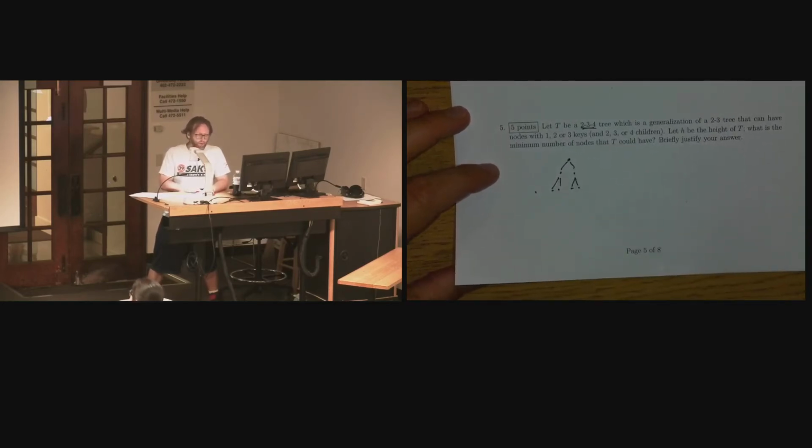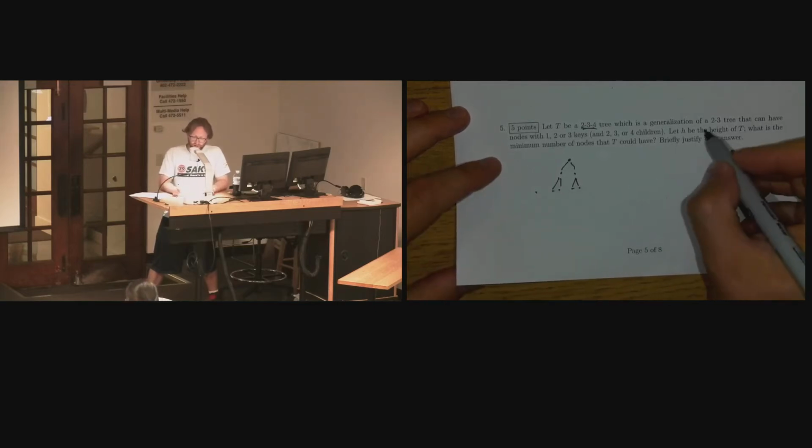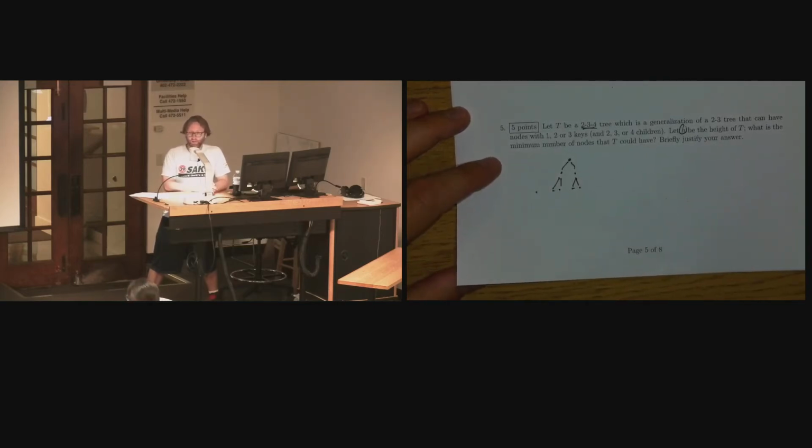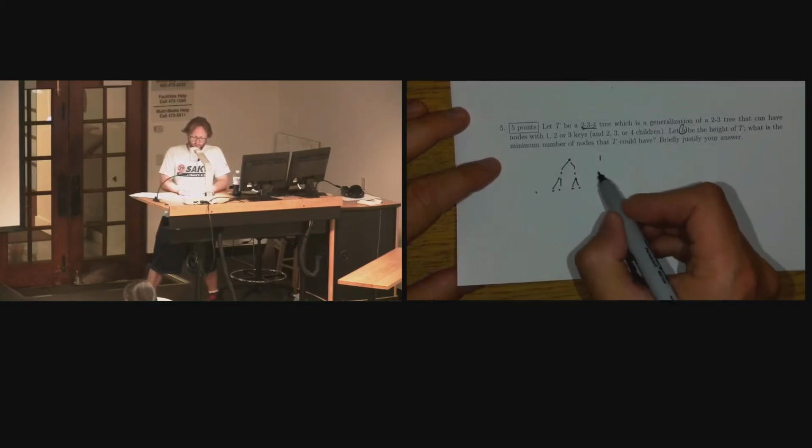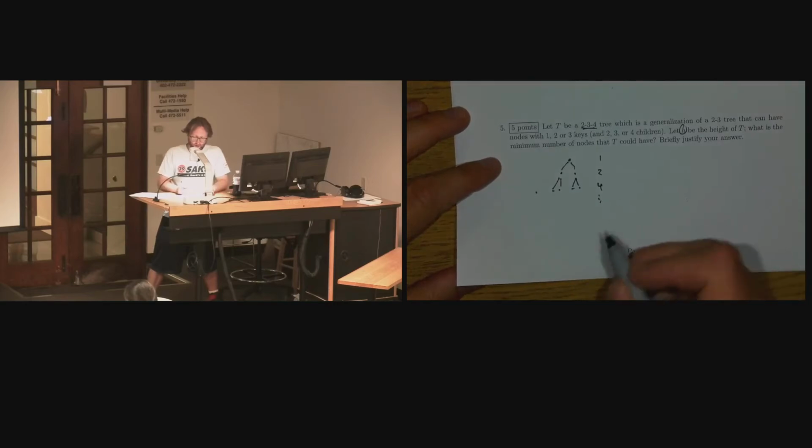Now, does anybody remember, again, open book, open note, open computer, how many nodes are in a tree of depth D, or I guess in this case H? The height is going to be the same. How many nodes are here? 1, 2, 4, ... At height H, it's going to be 2 to the H, right?